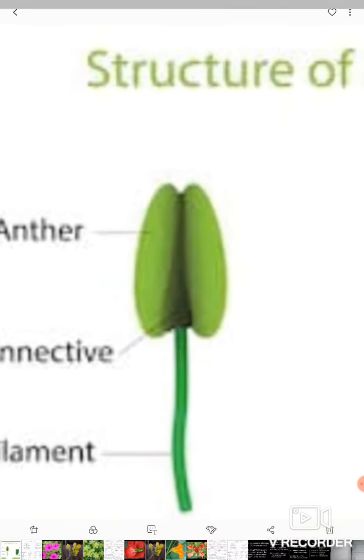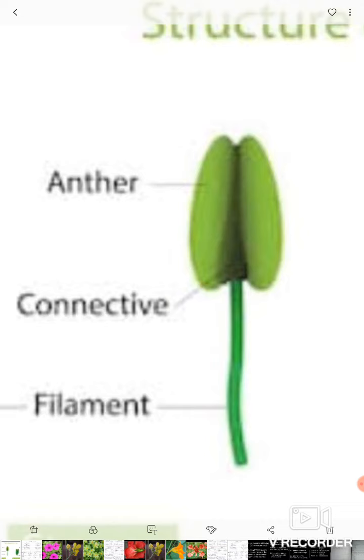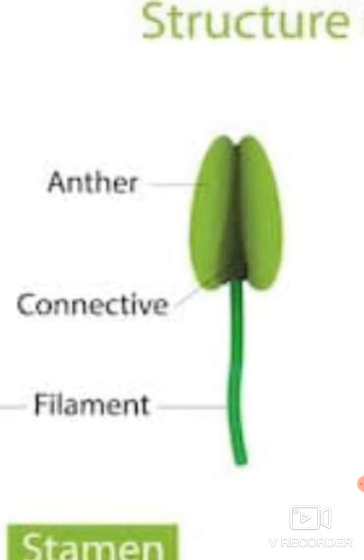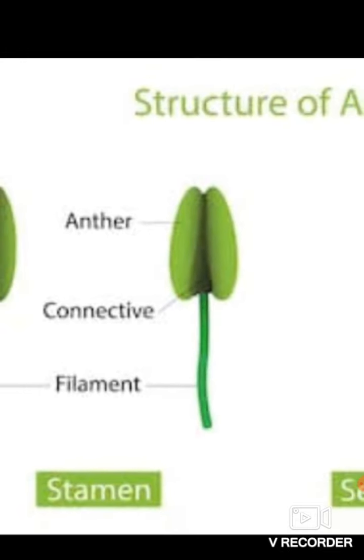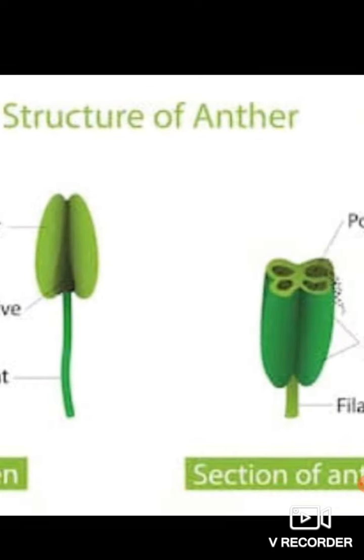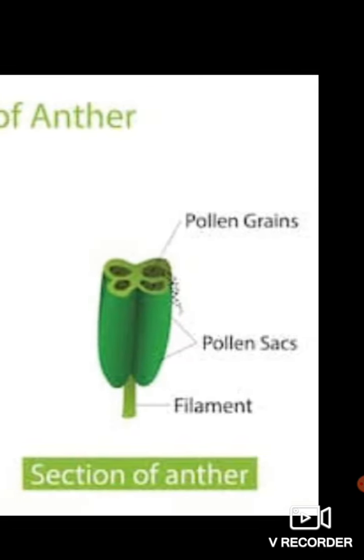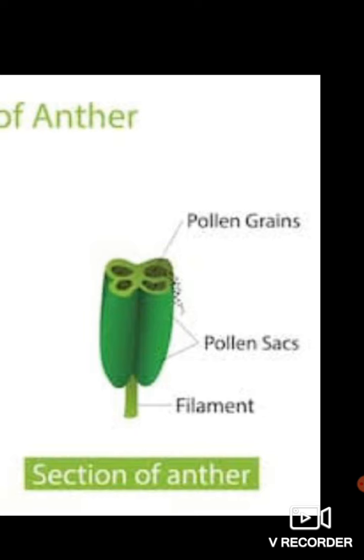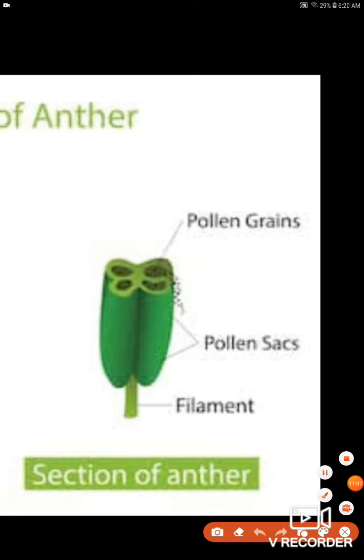You can see here this dark portion which is called the connective. Each lobe of the anther contains two chambers which are called pollen sacs. It is a bilobed structure, so one lobe consists of two chambers.